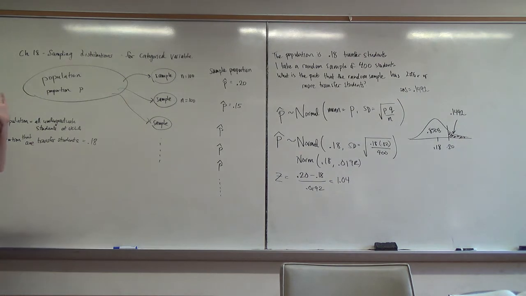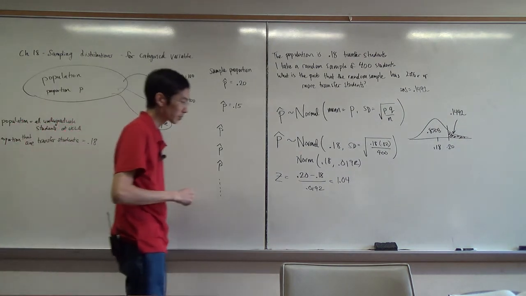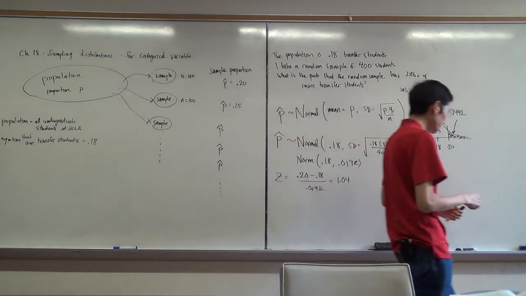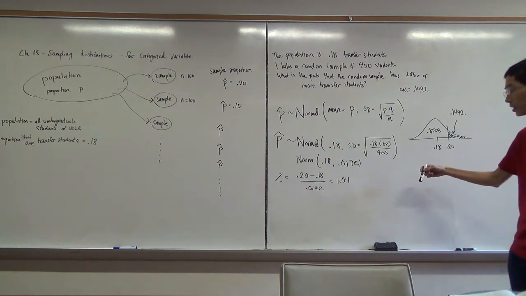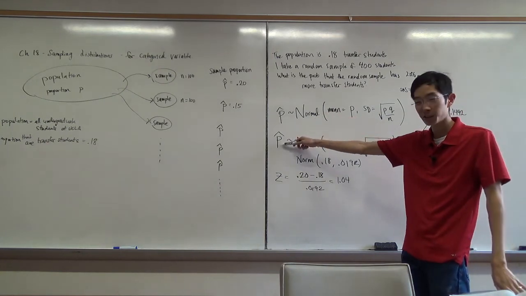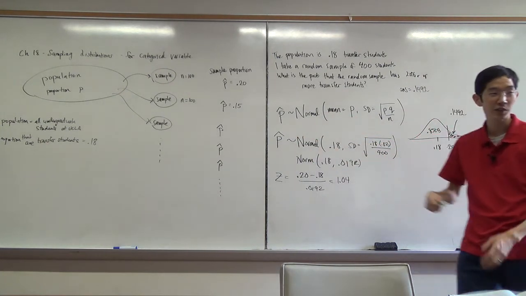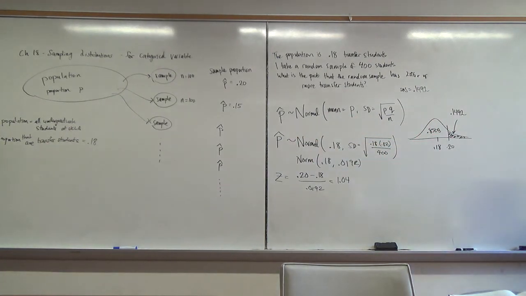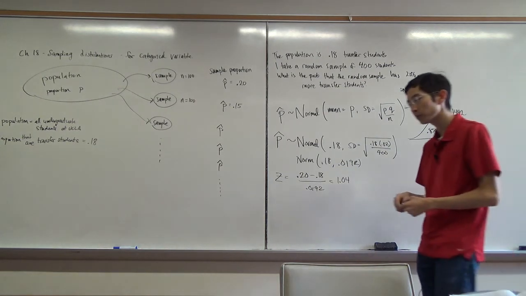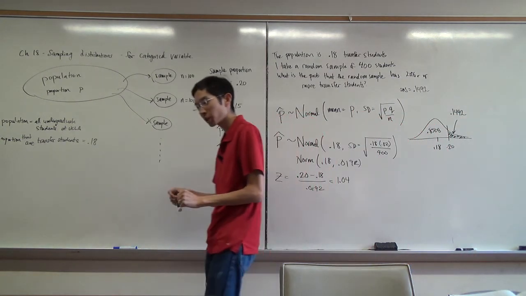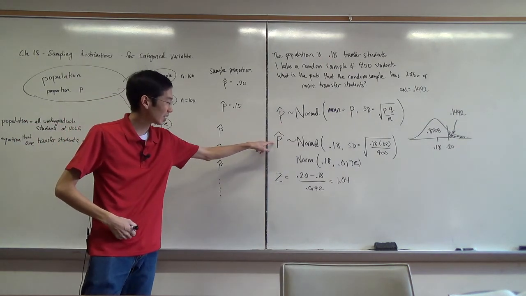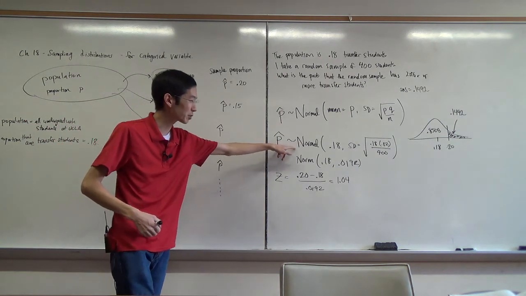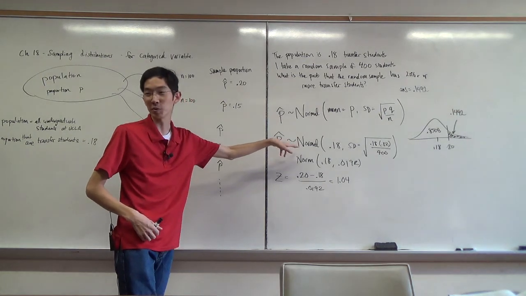Alright, so this is great and all, but there's one key assumption here, and that is that the distribution of p hat comes from a normal distribution. And there are just a few things that you have to make sure to check. Otherwise, this assumption that p hat comes from a normal distribution could be completely wrong.